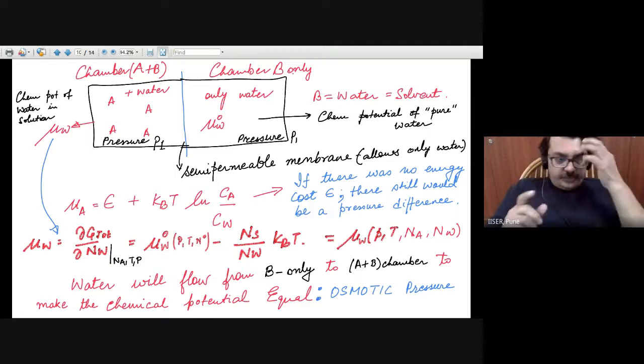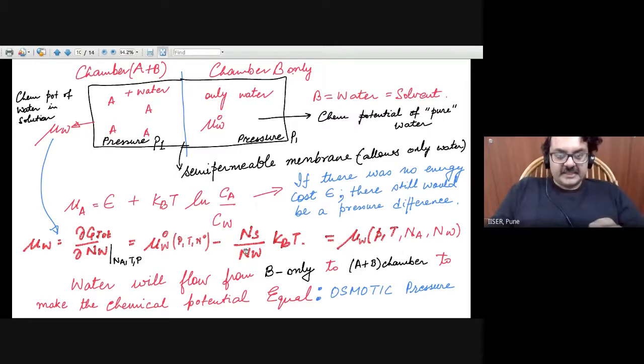Basically, the origin was the presence of the solvent molecules, right? And all that we wrote down was, well, the chemical potential for A molecules is epsilon plus kBT. But if you look at the chemical potential of water molecules, this chemical potential of water is less than the chemical potential here.